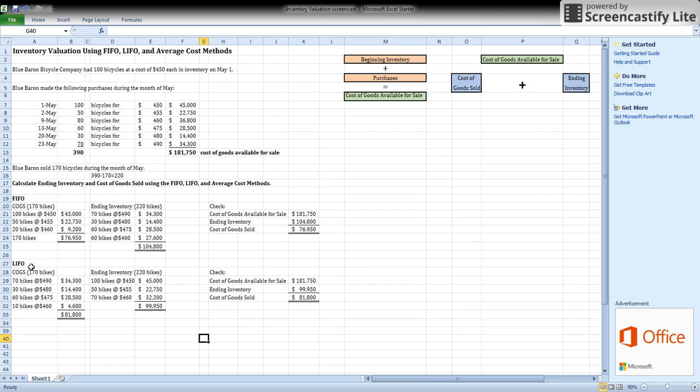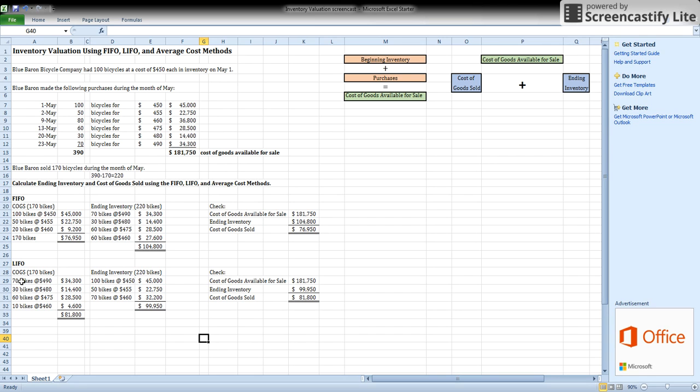In this case, if we sold 170 bicycles, the first ones we sold must have been the 70 that we purchased on the 23rd for $34,300. And then after that, we would look at the 30 bicycles that we purchased on May 20th at $480 a piece. And then on the 13th, we would look at the 60 bicycles that we purchased at $475 a piece.